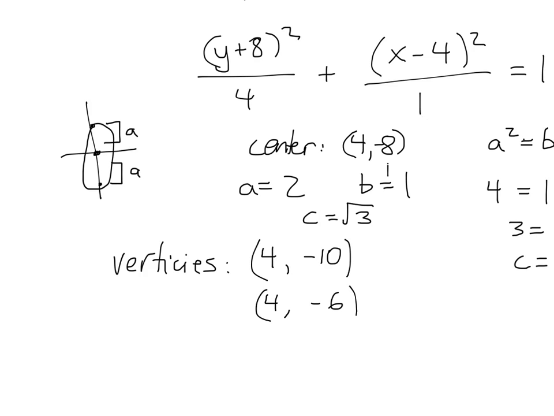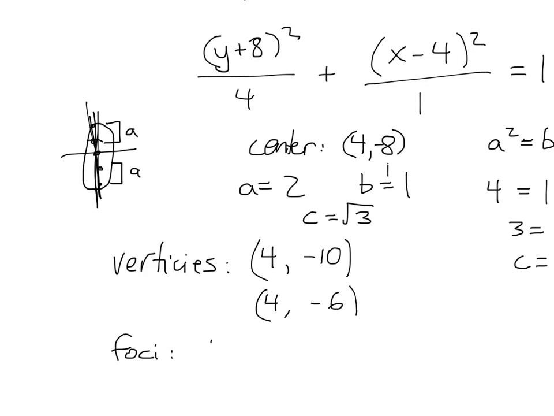Next, we have the foci, and they're going to be on that same axis. They're just going to be between the center and the vertices. It's the same thing, only we're going to add and subtract c instead of a.